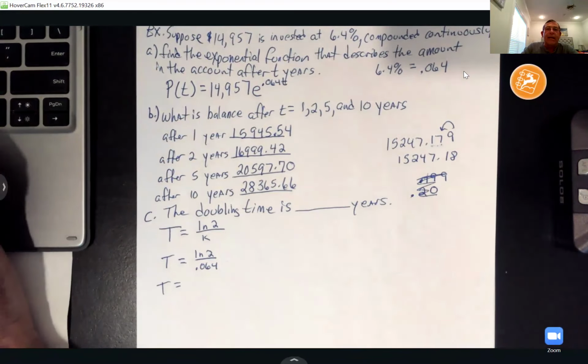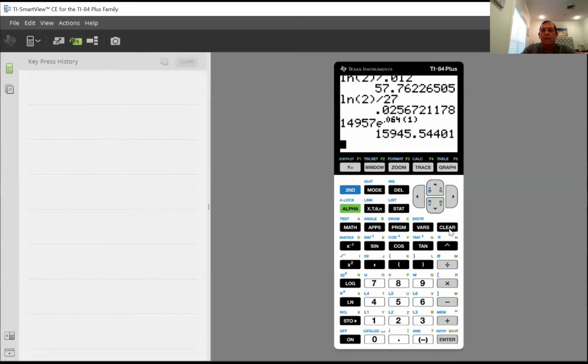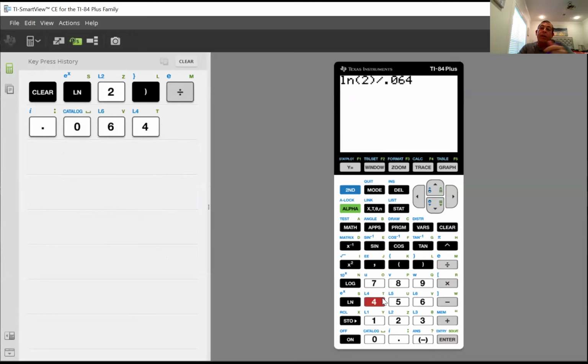So y'all, I'm gonna go punch that in and see what we get. So I got ln of 2 divided by 0.064. And y'all, I'll tell you one of the biggest mistakes I get on this is people forget to close the parentheses on that too, okay?